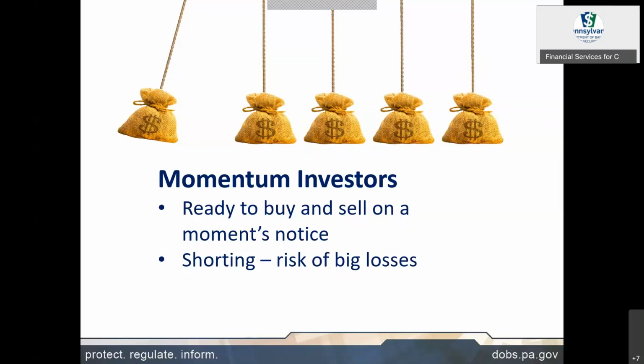And if that's the case, they actually realize a $500 or $600 loss rather than a $250 gain. So momentum investors who do what's called short selling are taking on a huge risk.